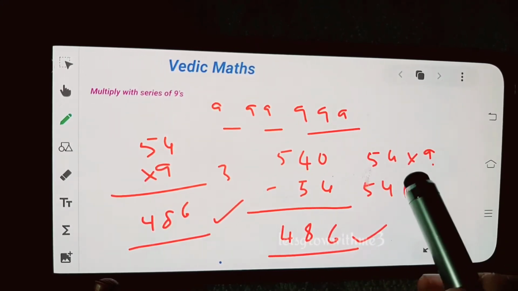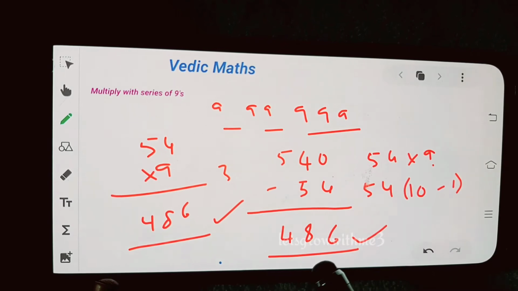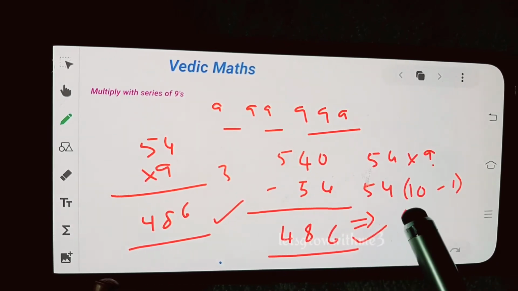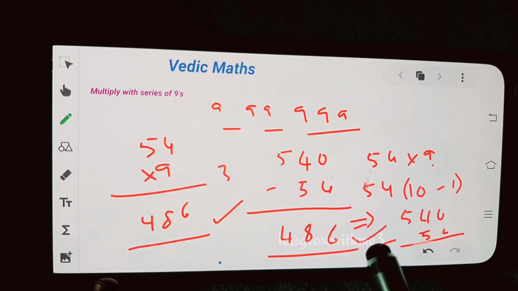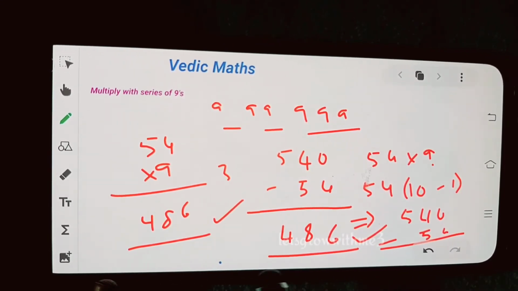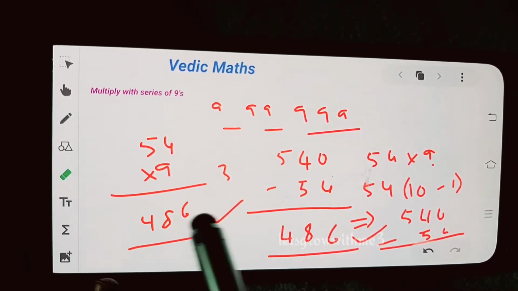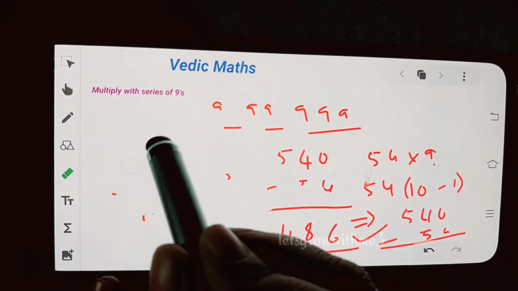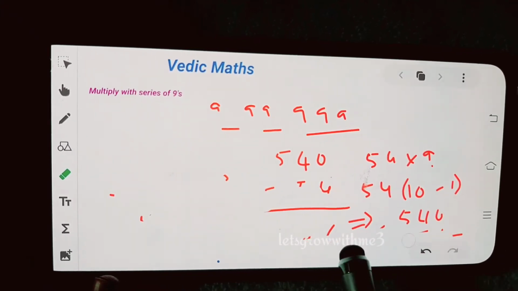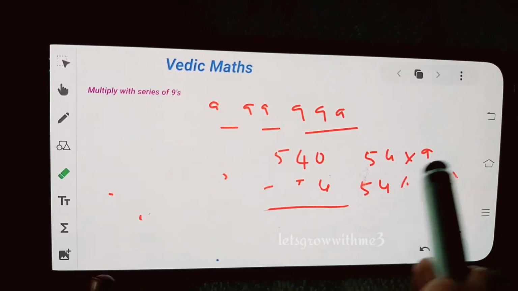That is, you multiply 54 times 10, and then subtract 54 times 1, which is 54. That's the basic concept here. We get the same answer whether we do times 9, or multiply by 10 and then subtract the same number.